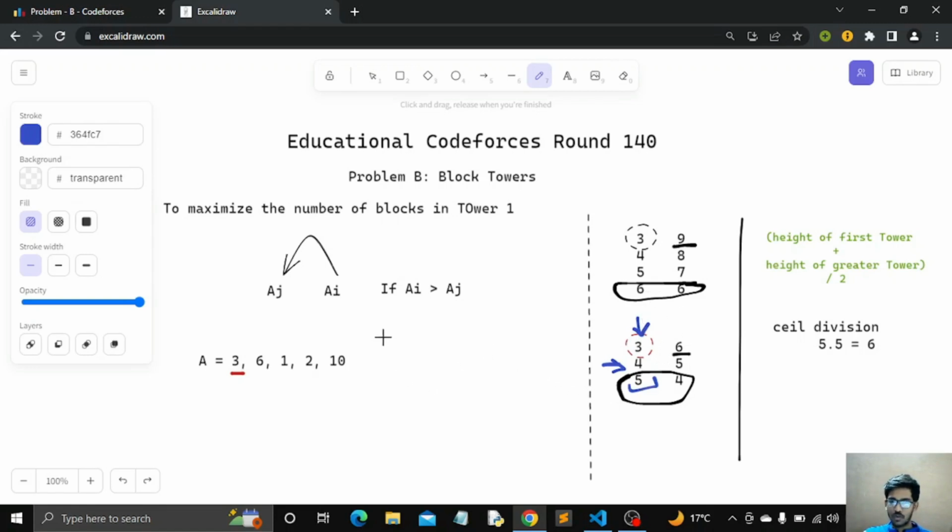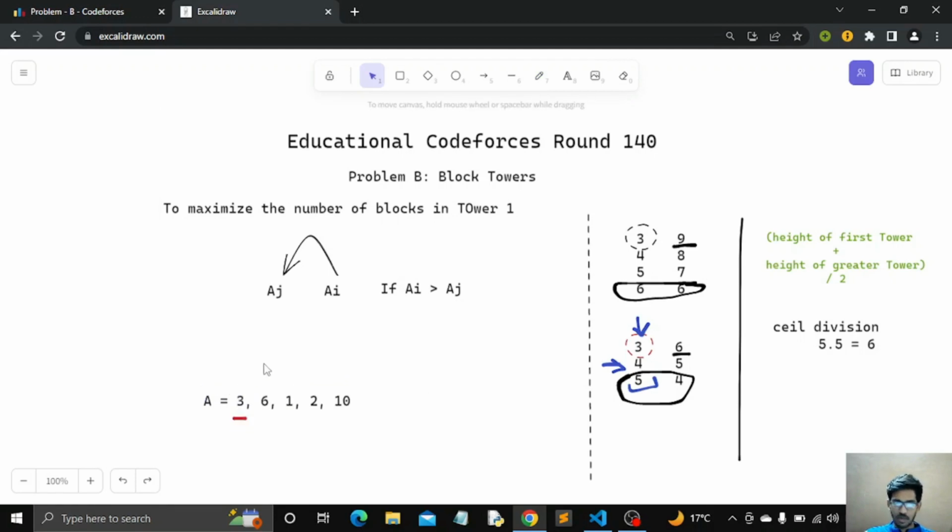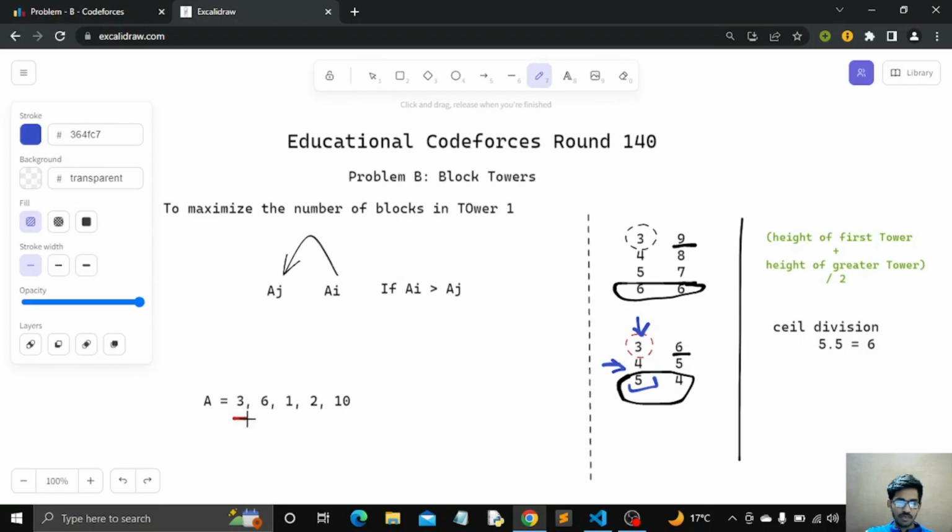To solve this problem, we will first keep aside the height of the first tower, since we need to maximize the number of blocks in tower 1. For the remaining towers, we are going to sort their heights in ascending order.